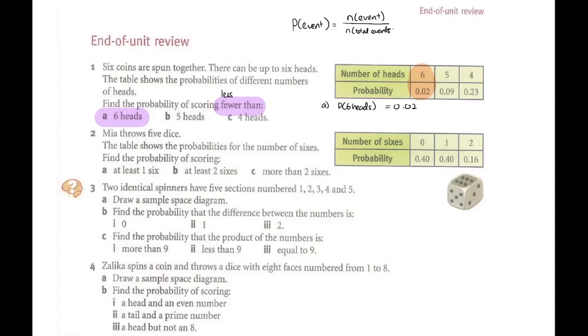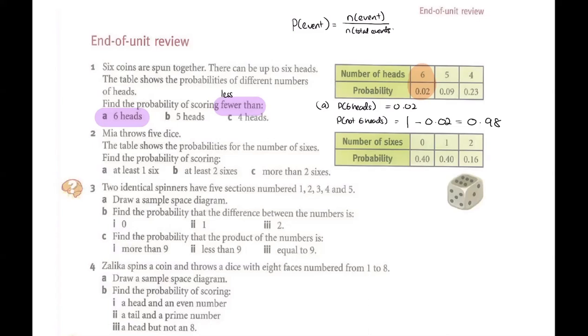So for question A, we need to find less than 6 heads, which means not 6 heads. If you're finding the probability for a not event, you need to take the whole event minus the probability of the event happening, 0.98. So this is the answer for question 1A.